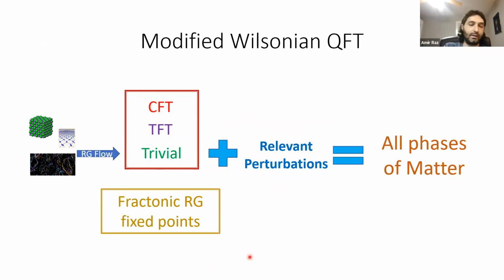So if you have an extensive number of ground states, that means your fixed point isn't quite one of these three, but it has to be some sort of new RG fixed point. And on top of that, you would add gapped excitations, right? That would create your gapped theory, kind of in the same way as the Wilsonian paradigm. That makes sense? Yeah, thanks. Okay.